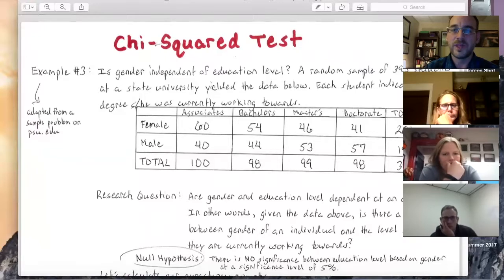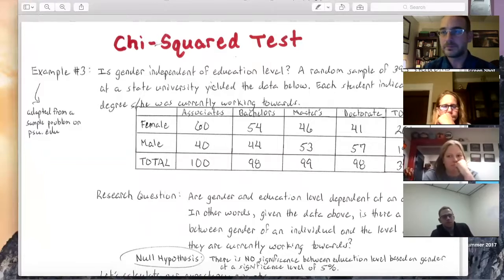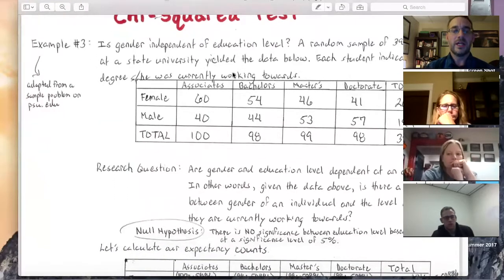All right, so I grabbed this example from Penn State University. They had an online statistics course. I was working through some examples. It seemed like a relevant one for our course. So I reworked the example, and let's just see where we go with it. So in this question, we're being asked, is gender independent of educational level?